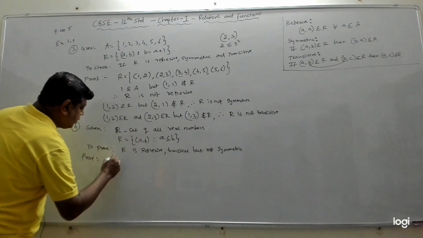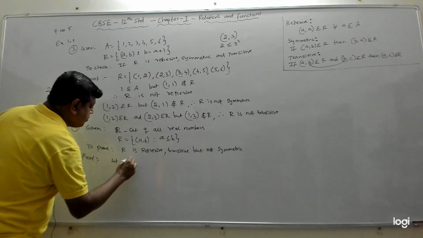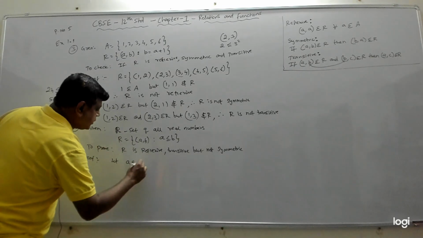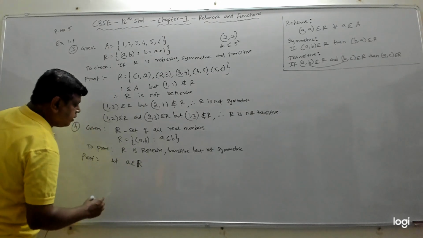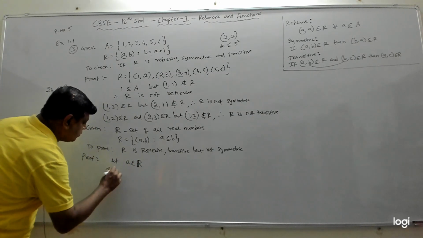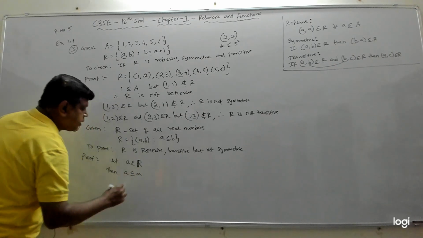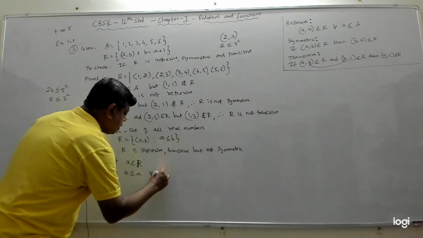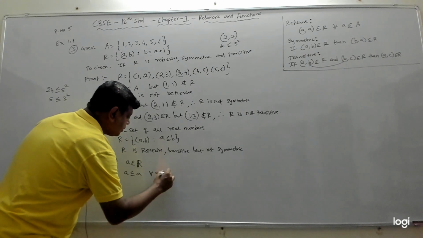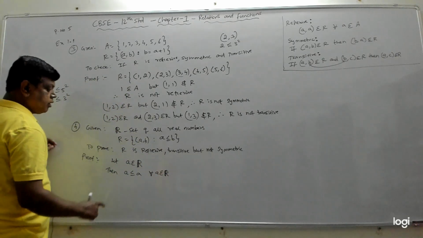So we'll take one element. Let a belong to the set of all real numbers. Then we have a is less than or equal to a, correct? For every a belonging to the set of real numbers, a is less than or equal to a.